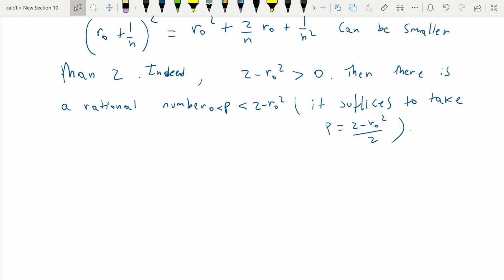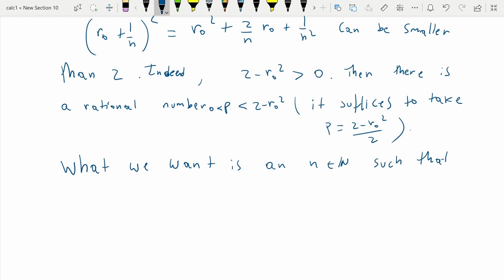So now that we have placed a rational number between 2 minus r naught squared and 0, what we want is n in N such that 2 r naught over n plus 1 over n squared is less than p.